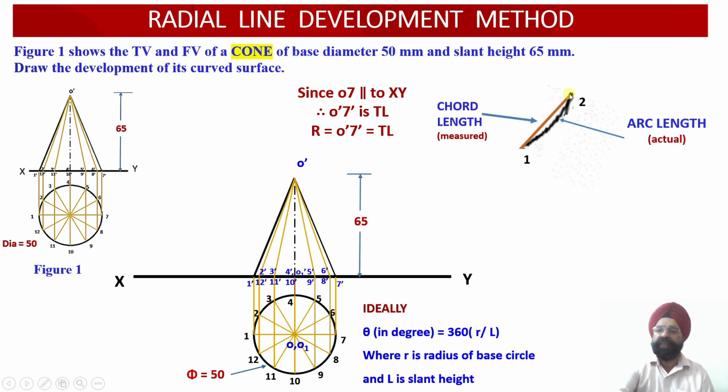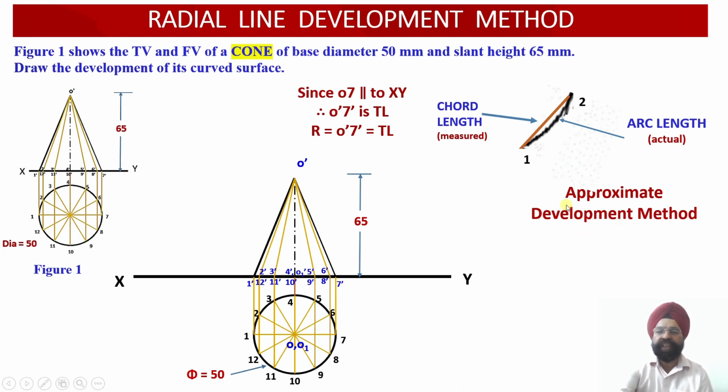There we can just measure pi d or 2 pi r and divide it by 12. So 12 equal segments will be available, and we will be able to develop a 100% accurate development for either a cylinder or a cone. It is only in manual drafting that we are not able to measure this arc length. So this will be our approximate development method only for manual drafting, not for industrial or computer aided drafting.